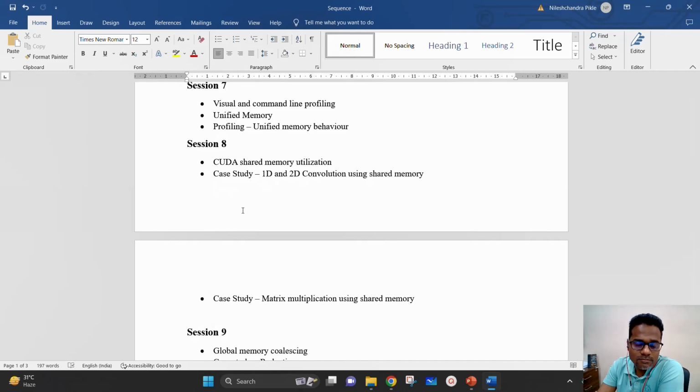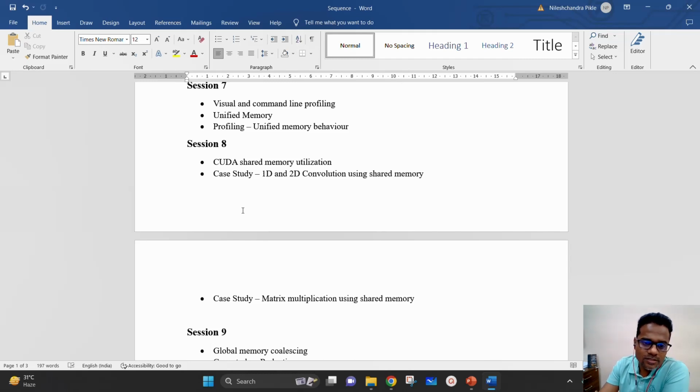In fluid dynamics also, the data structure is 3-dimensional, and a similar computing pattern can be observed. So we'll try to understand 1D and 2D convolution with and without shared memory, and how it impacts the performance.